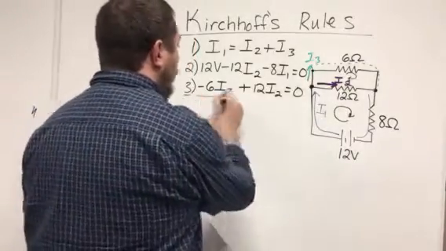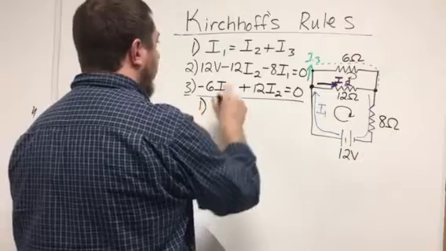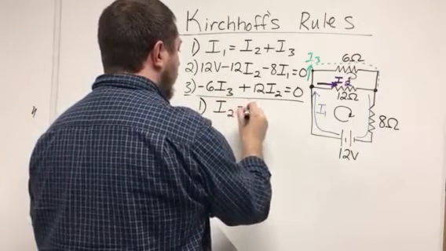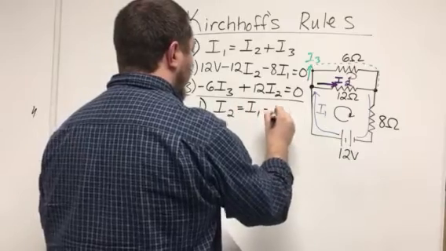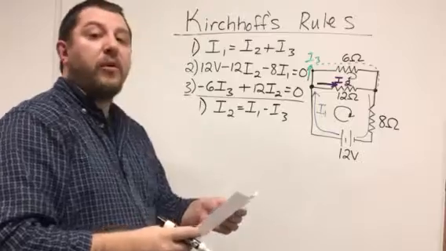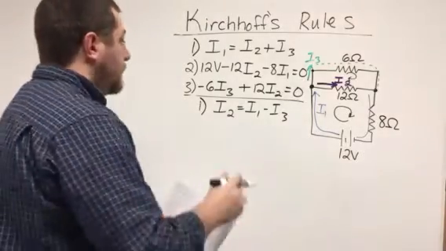So if I look at equation 1 and solve it for I2, I get that I2 is equal to I1 minus I3. All right? So I'm now going to insert that into the second equation.